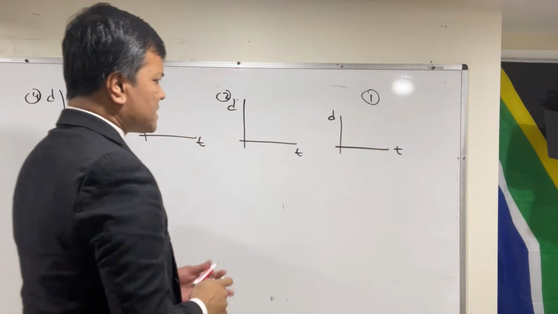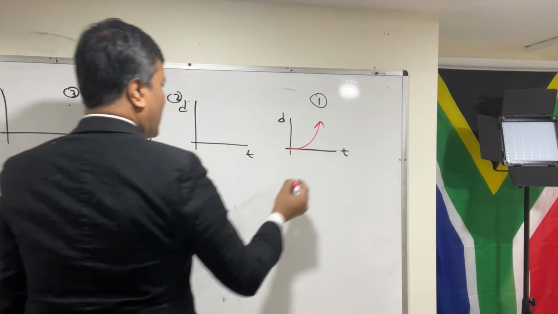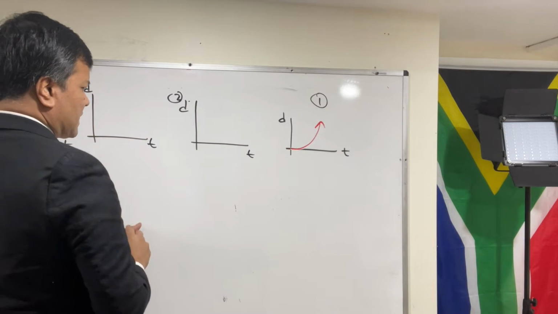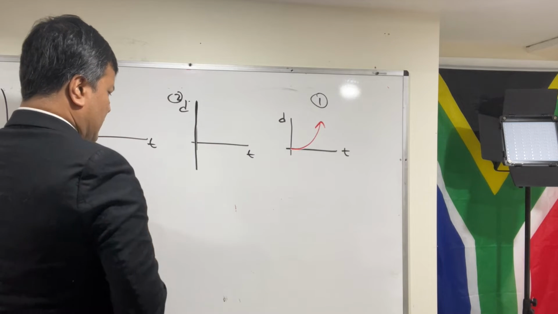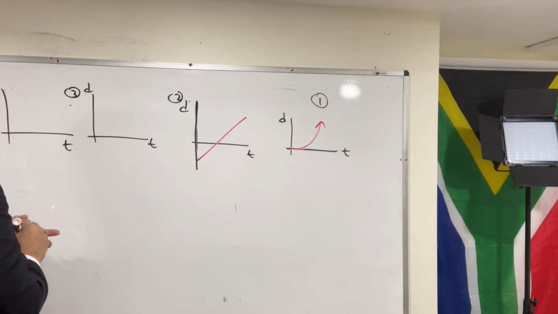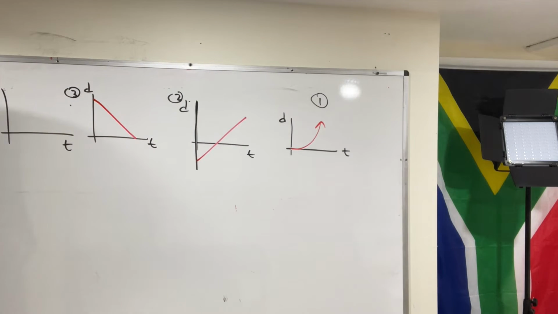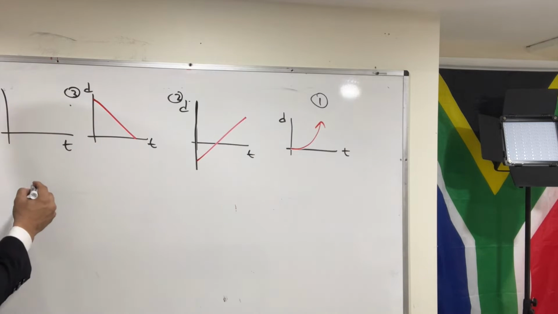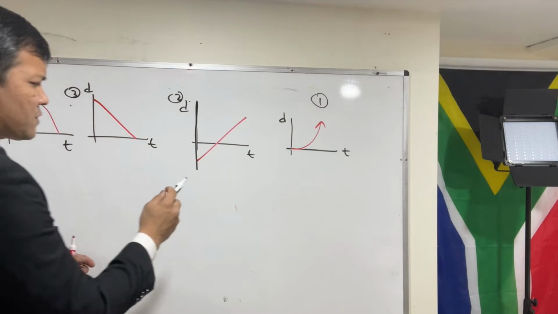Now, what type of DT graph did I give you? I gave you a parabola, and something like this. I gave you a linear line like this. Number 3, I gave you something like this, and number 4, I gave you a parabola.